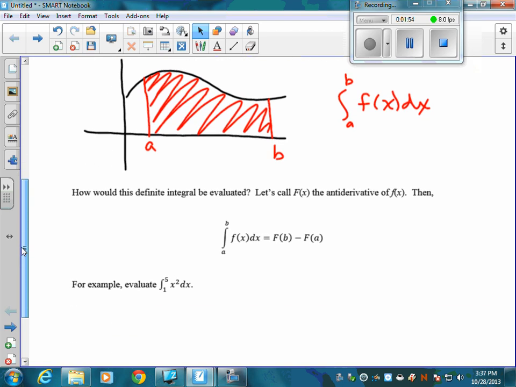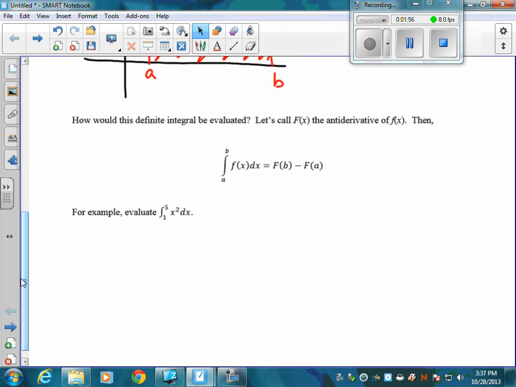Now, how do we evaluate this integral? Key to this notation is that capital F is the antiderivative of little f of x. In other words, capital F prime would be equal to little f.